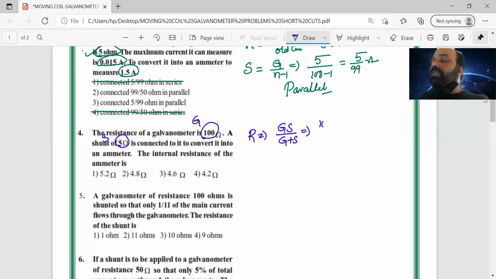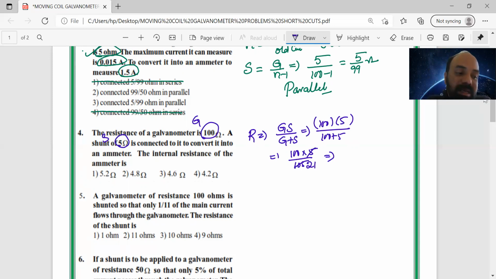G is 100, shunt resistance is 5, 100 plus 5, so it becomes 100 into 5 by 105. 5 and 21 will get cancelled. It is exactly 4.8 ohms. Okay guys, 4.8 ohms.